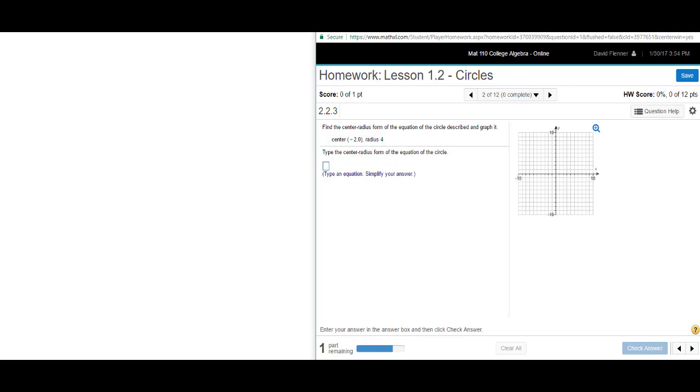Okay, in this last example, I'd like to show you how to input your graphs in your homework. So for instance, here's a homework problem that says to find the center radius form of the equation of the circle and graph it. So I have a center that's located at the coordinates negative 2, 0.